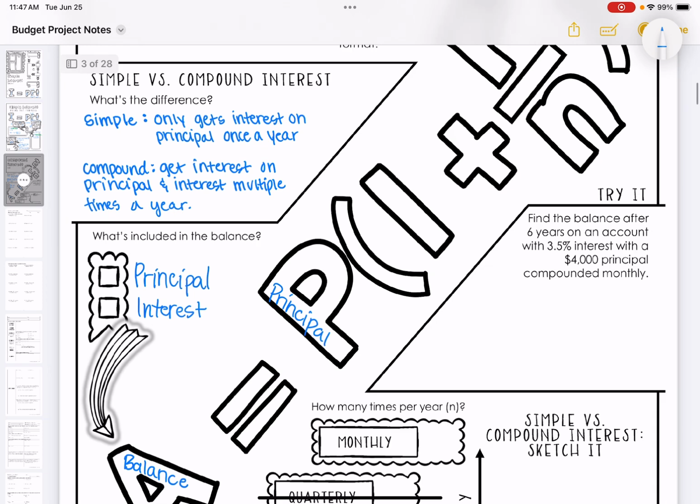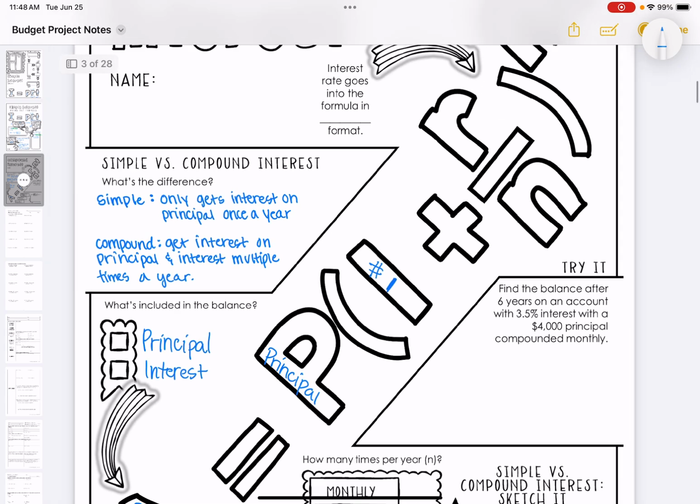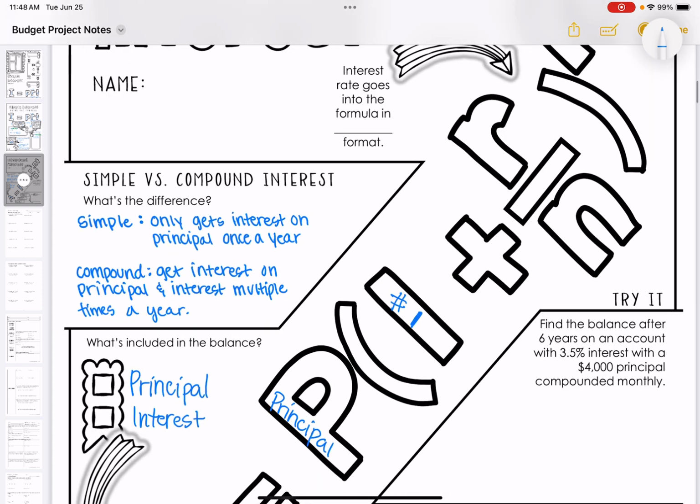All right, then we have parentheses. This is the number 1. Okay, it's not an L. Then plus R over N, so R is still our percentage rate. And then N stands for number of times compounded a year.